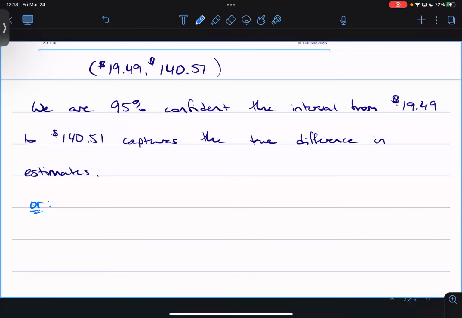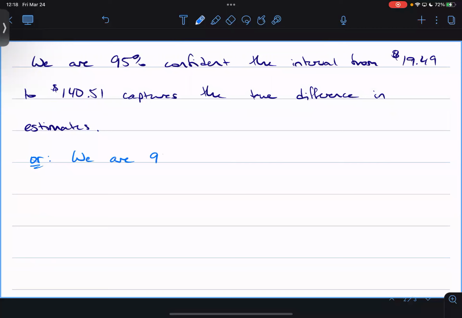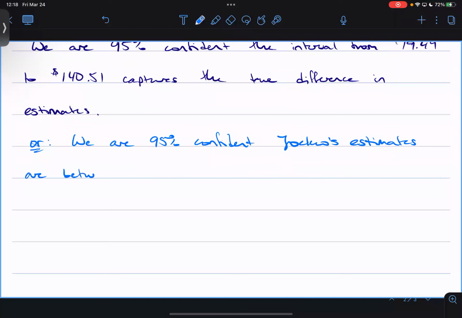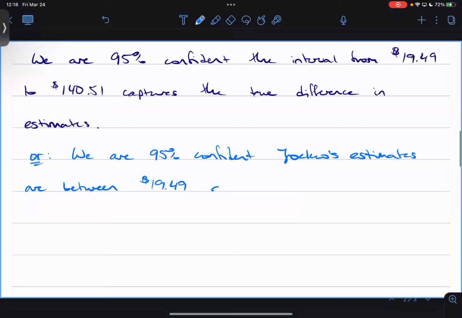Or we're 95% confident that Jocko's estimates are between $19.49 and $140.51 higher than the trusted garage.